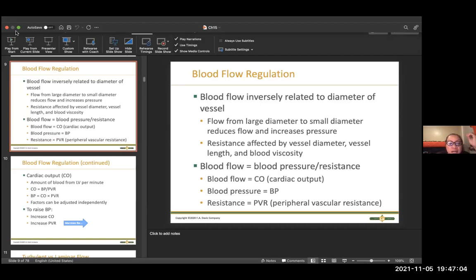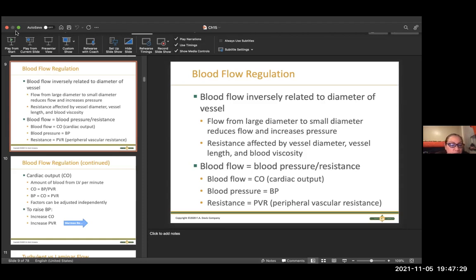So the blood flow, you have to remember this. This is a formula. Okay? The blood flow is equal to BP, or blood pressure, over resistance. What do you understand about that?